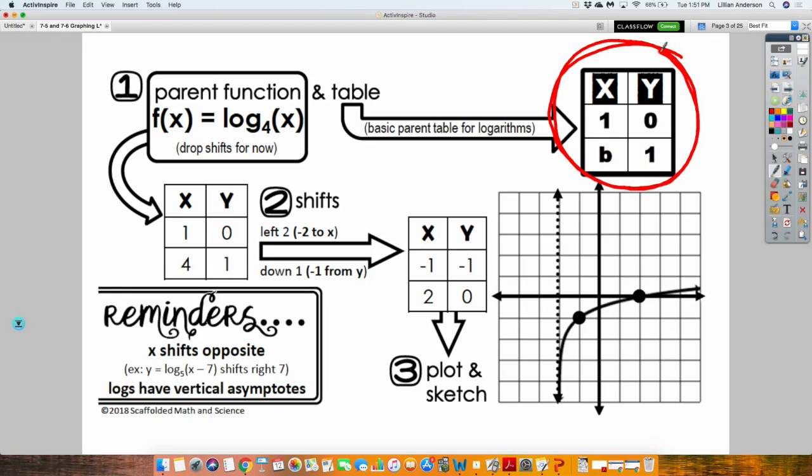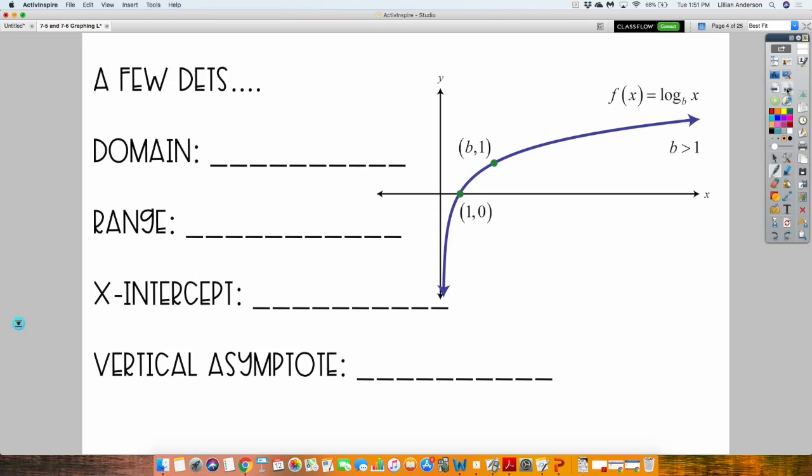Okay? Few details. Few things that you do need to be aware of with your logarithmic functions, of course, domain and range, x-intercepts, and your vertical asymptote. Your most basic logarithmic function, okay? Looking at this graph, this is your most basic. What would be the domain of this logarithmic function?